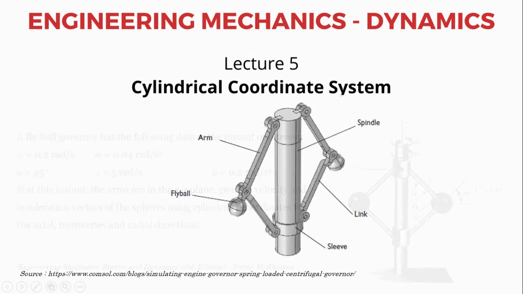The figure for flyball governor is shown here. Flyball governors are also sometimes referred to as centrifugal governors. A flyball governor usually consists of two heavy masses that are attached to two collars. The collars are attached to a vertical rod. The upper collar is usually fixed while the lower collar can move up and downwards.